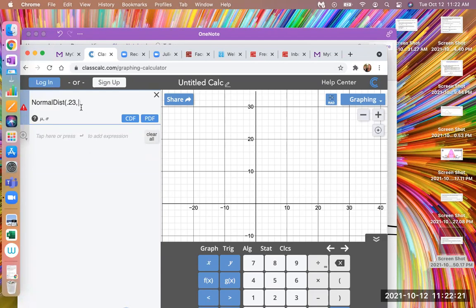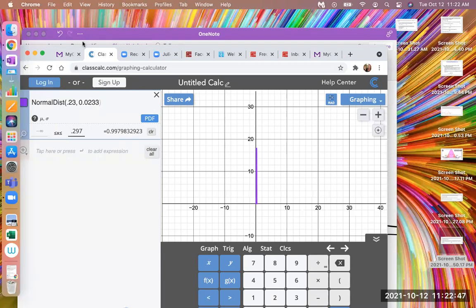But they have specifically asked us not to use the entire formula. They asked us to put the 0.0233. They wanted us to use it to 4 decimal places, so I'm going to honor that request. And then their lower bound was negative infinity, and the upper bound was 0.297.